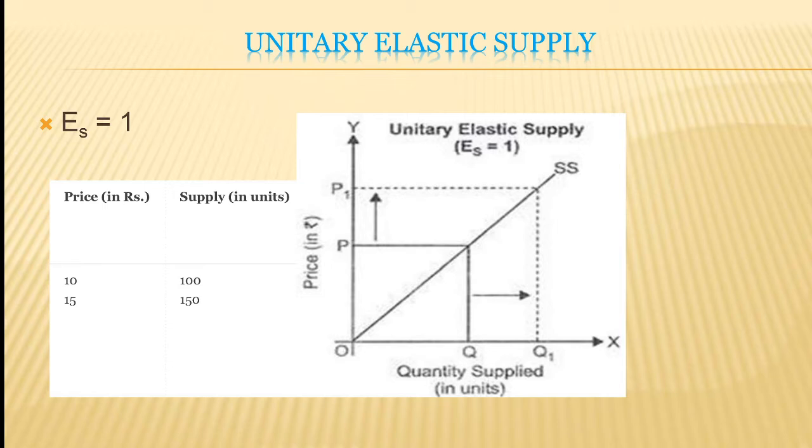If the price is 10, the supply will be 100 units, and 10% will be the quantity supplied. You can see this curve intersecting, as in the previous slide.